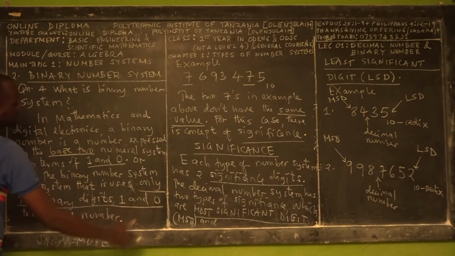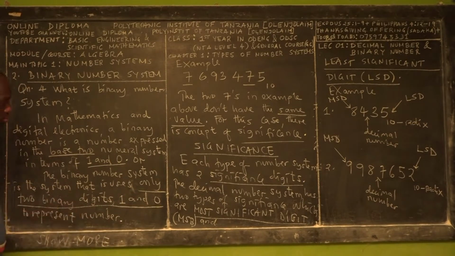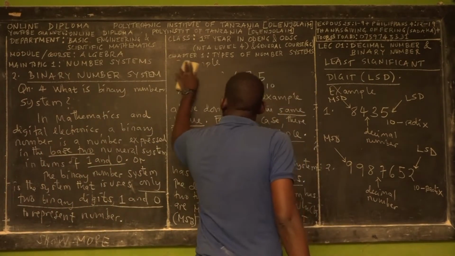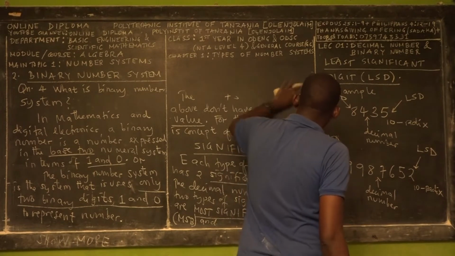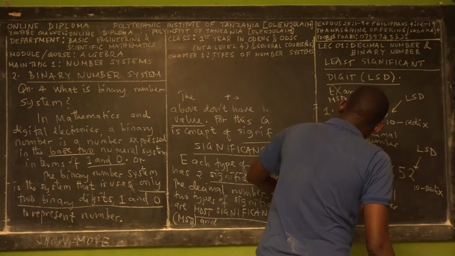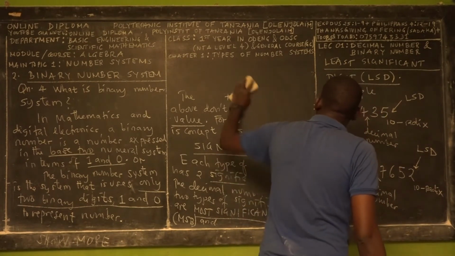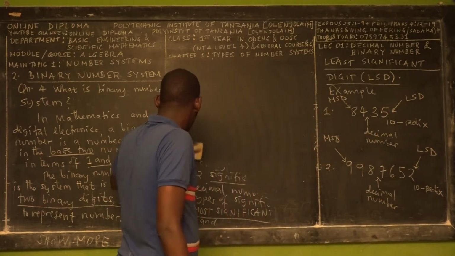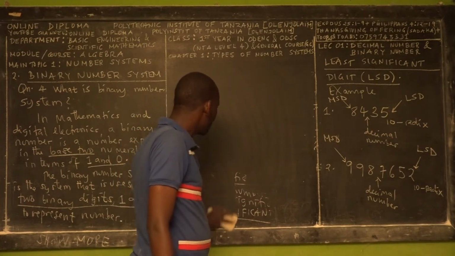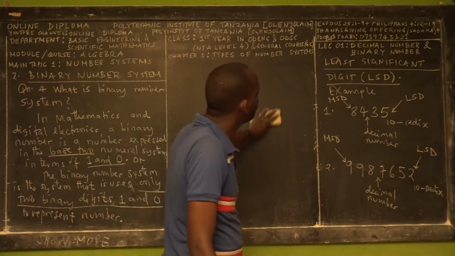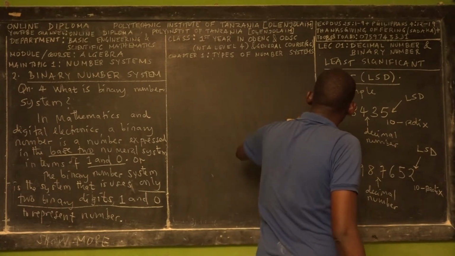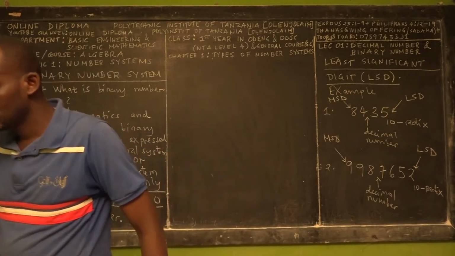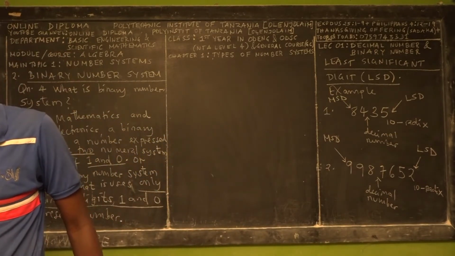Because you have two digits, the base will be 2. If you have 10 digits, the base will be 10. If you have 8 digits, the base will be 8. If you represent a number by using any of 12 digits, then the base will be 12. Okay? So that's the piece of information.